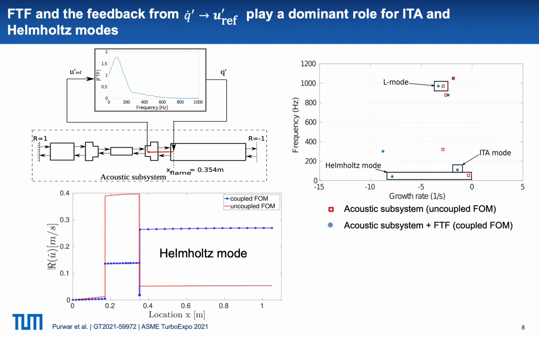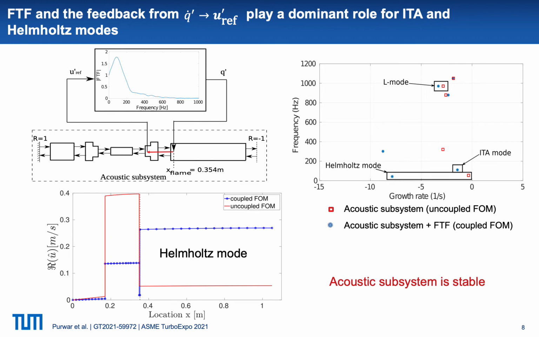Another important takeaway from here is that the uncoupled acoustic subsystem is stable, which is also generally the case because the flame is not active for the uncoupled system. The results and conclusions from this study are only valid if the uncoupled acoustic subsystem is stable.